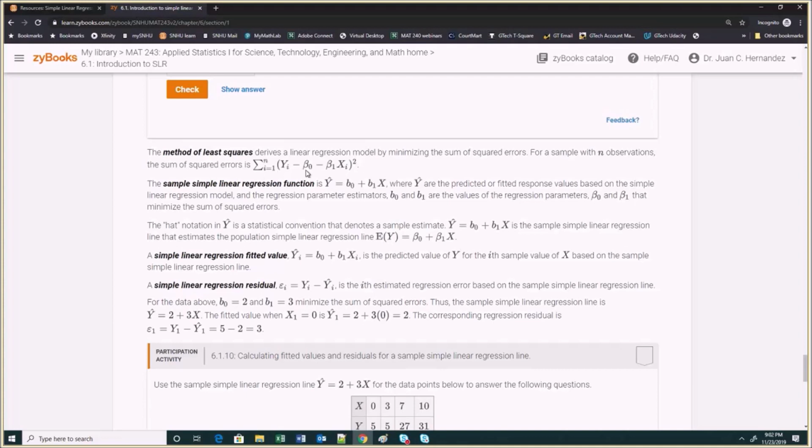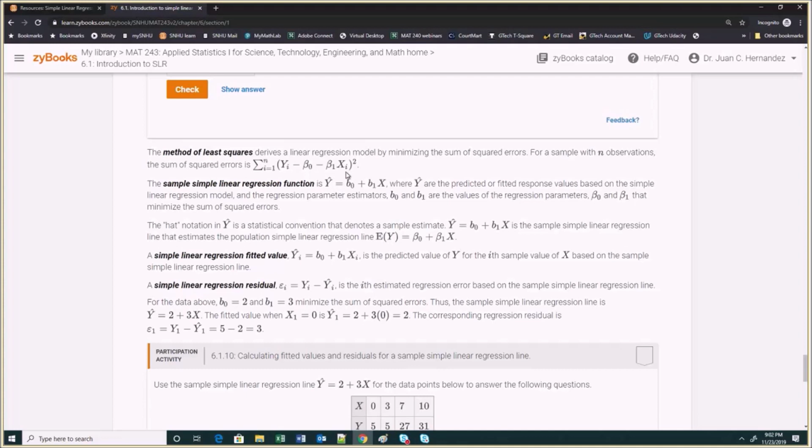You'll notice that beta 0 minus beta 1 x_i, this part is the form of the regression equation. And what we're really doing here is taking the actual data point represented by y sub i, the actual value of the dependent variable in the data set, and subtracting the predicted value from the regression equation.